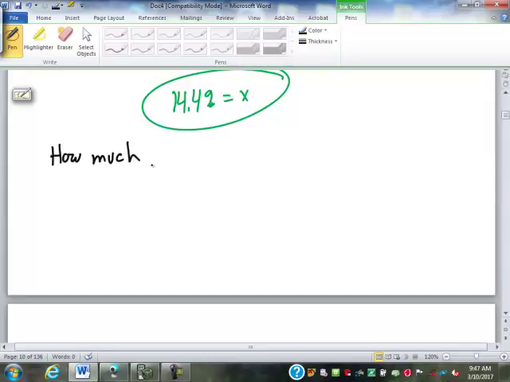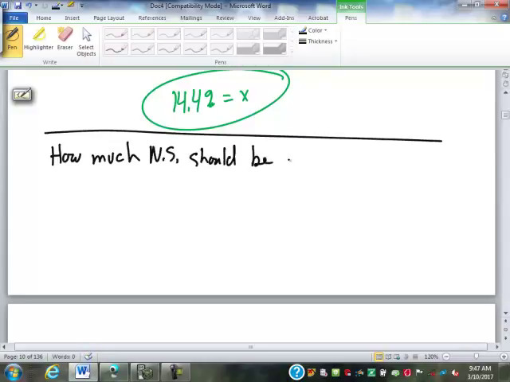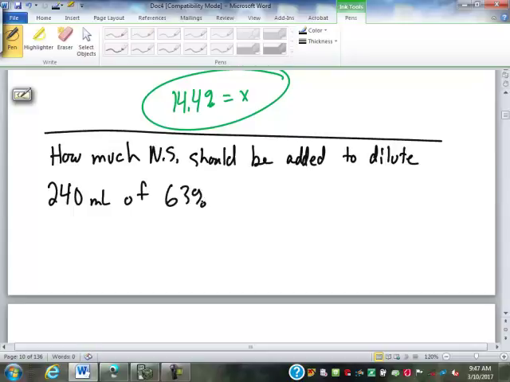So let's look at this from the other direction. How much normal saline should be added to dilute 240 milliliters of 63% solution to 42%.